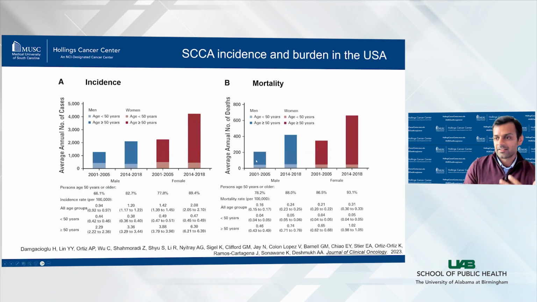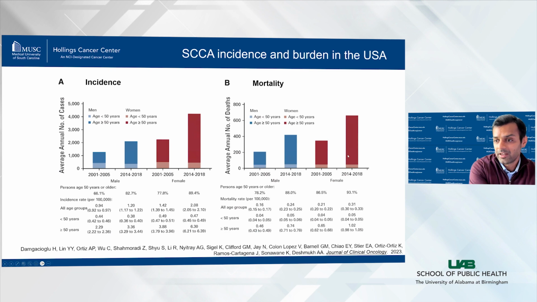We also know anal cancer is associated with aging. In a recent work, we quantified anal cancer incidence and mortality patterns, where we observed that among the youngest age group, men less than 50 years old, anal cancer incidence is decreasing, but both anal cancer incidence and burden are rising very rapidly among men and women who are 50 years old or older.